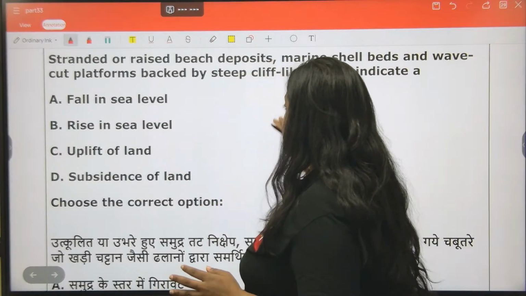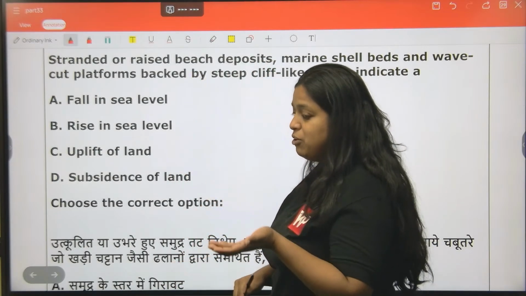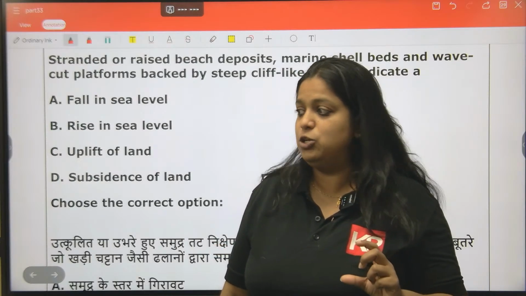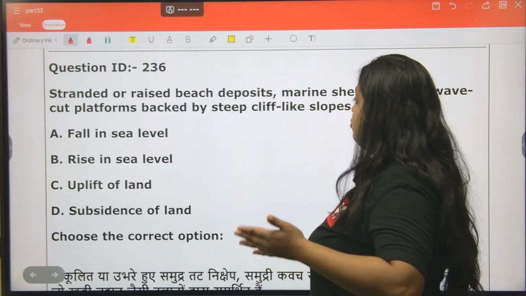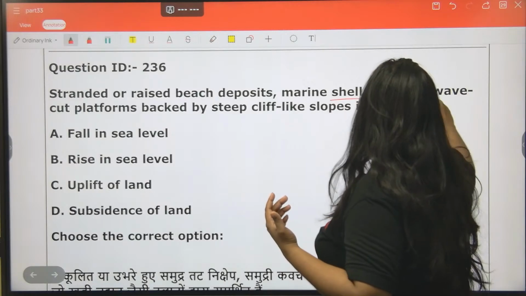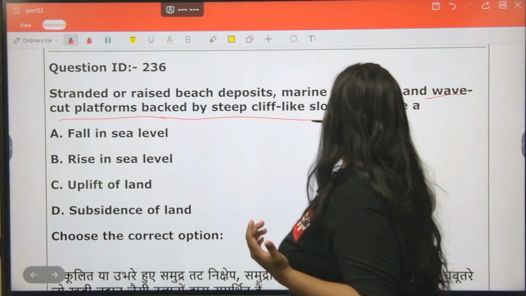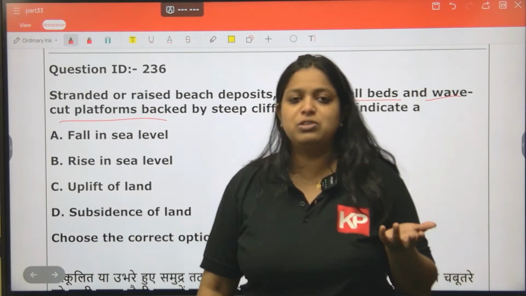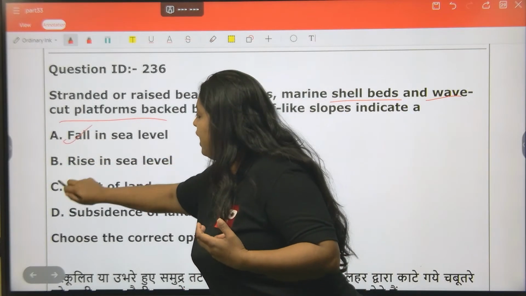So if sea level falls or uplift of land happens, in either situation accommodation space reduces, which hence causes the formation of marine shelf beds, wave cut platforms backed by steep cliff-like slopes. All these things define a fall in eustatic sea level. So that is associated with A and C.